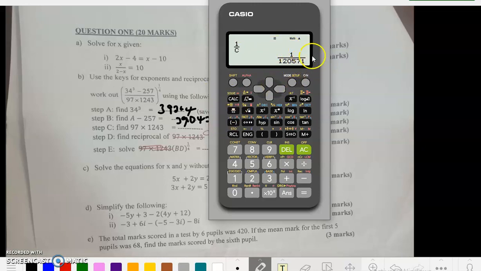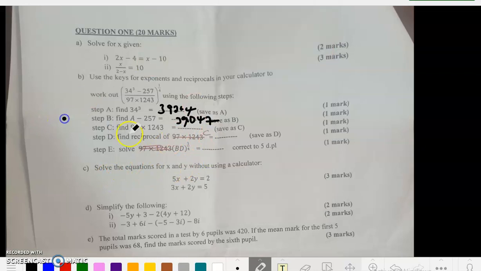A reciprocal of any number is simply 1 divided by that number. So the next option is D.